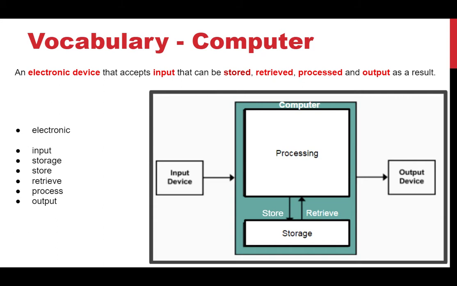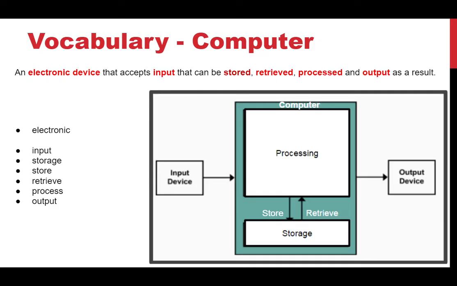All right, so as I mentioned, you should have already viewed this in a previous video, but if you haven't, here's what we're going to use to define a computer. It's an electronic device that accepts input, and that input can be stored, retrieved, processed, and then eventually the result can be output. So here are the terms: electronic.